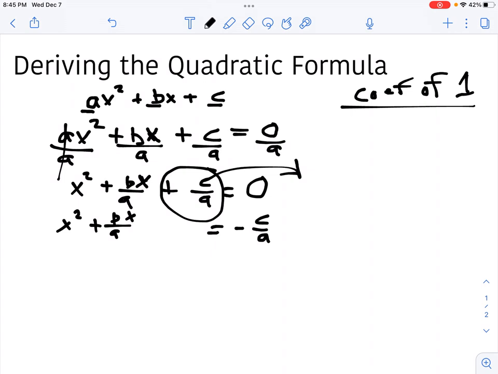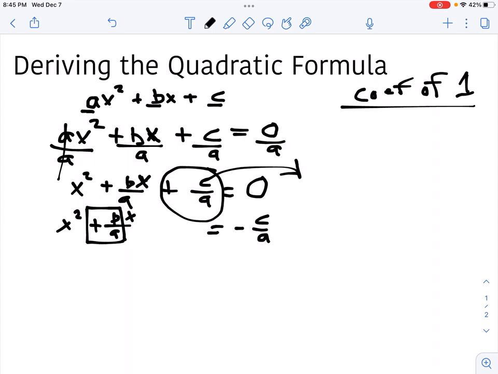Next thing we're going to do is take this b over a x thing, and we're going to deal with this right here. What we do when we use completing the square is divide that by 2, right? You divide b by 2, and then you square it, and then you add that to both sides of the equation.